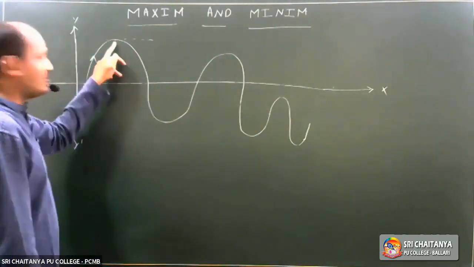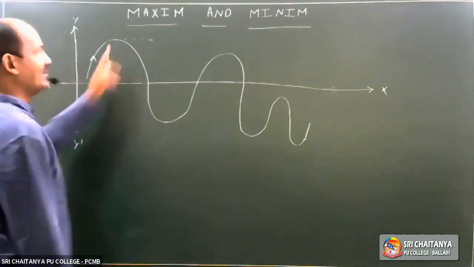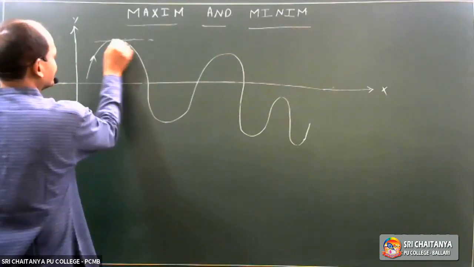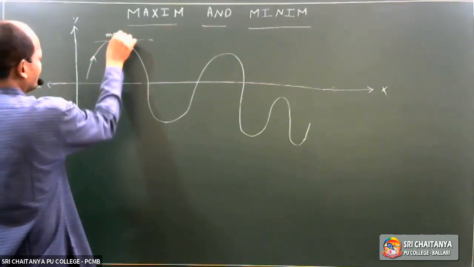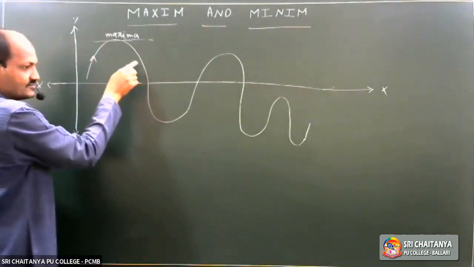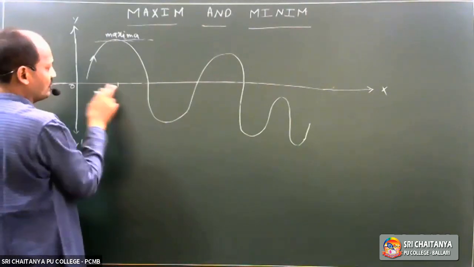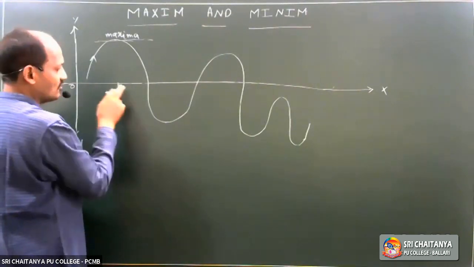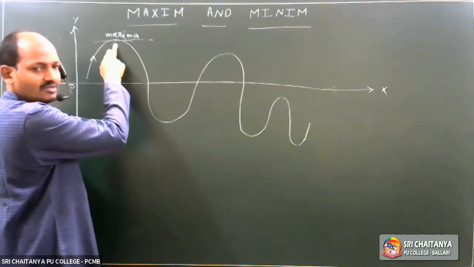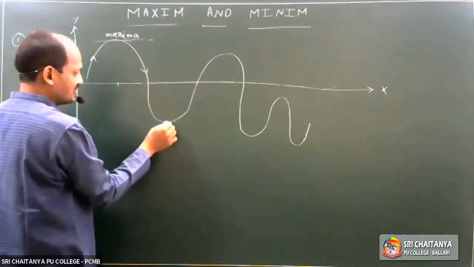At that point, the function has maxima. It is called a turning point. For example, at x equal to 4 units, having some y value, that is a maximum value. Again, it is decreasing up to this point.